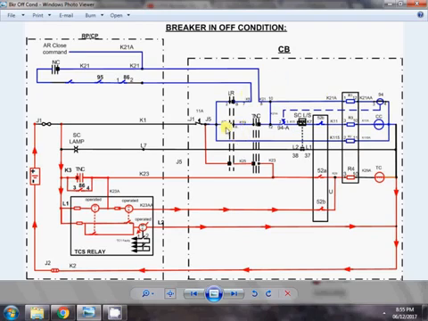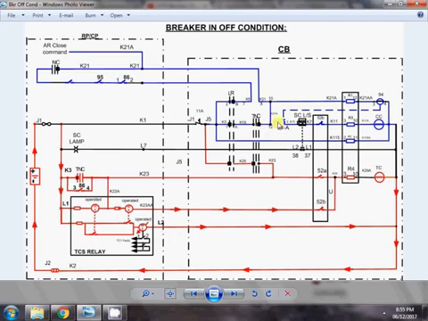Now when the breaker is in the local position, the closing positive will be extended to the TNC switch, which is present here in the circuit breaker. We will see further after this what contacts are used.